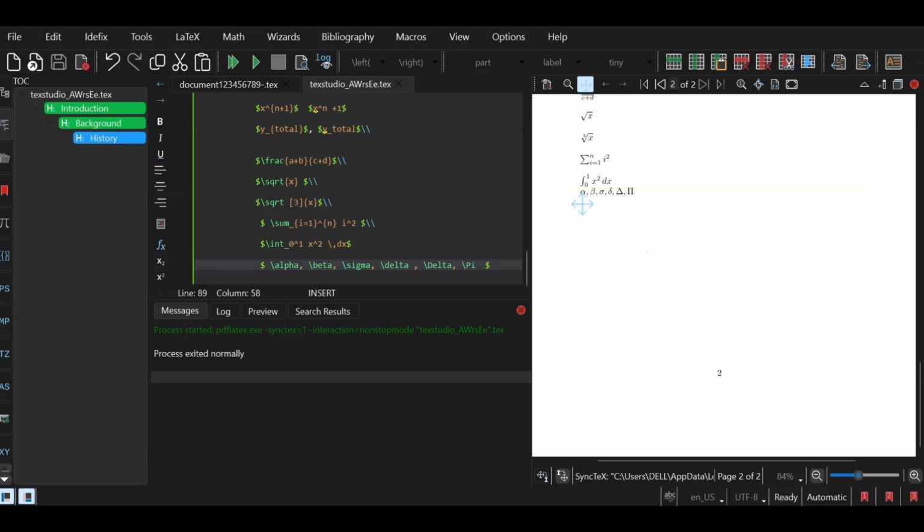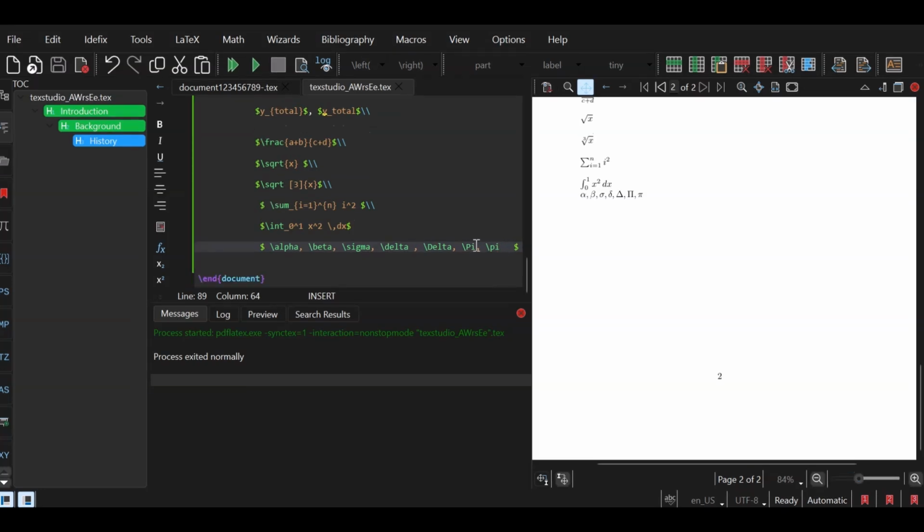See, alpha, beta, sigma, delta. This is our other delta type. This is our pi. So there are many. So capital P, this pi. And if we write small pi, then it gives another letter. See, this pi.